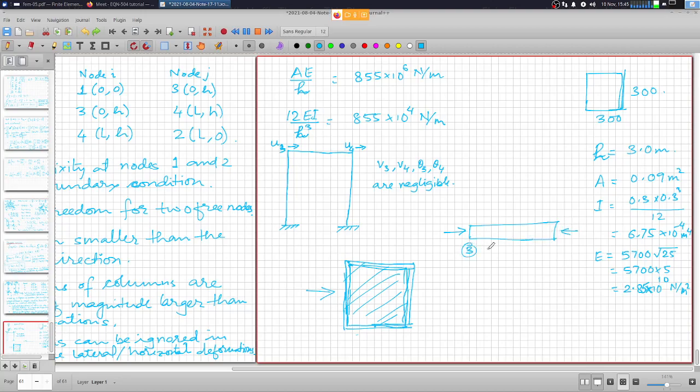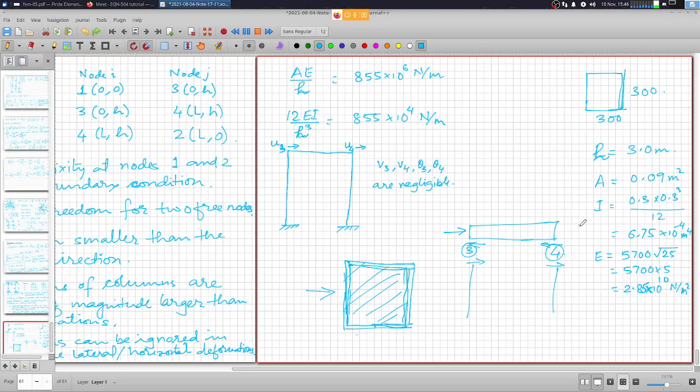So this is node 3 and this is node 4. So this is the axial load, and there is no reaction, the only reaction is from the columns from the bottom.